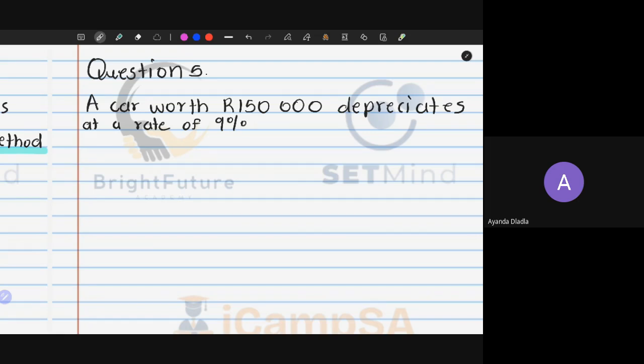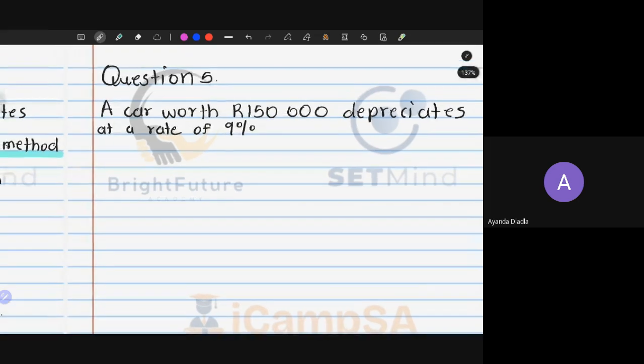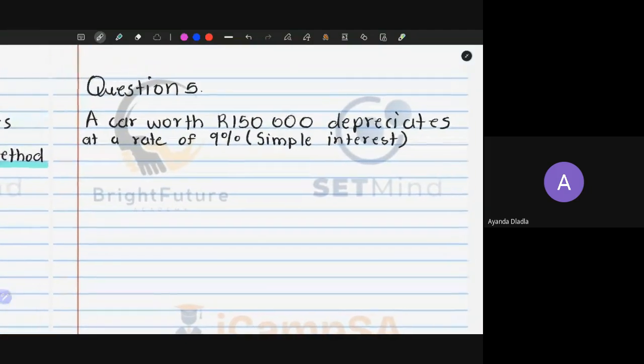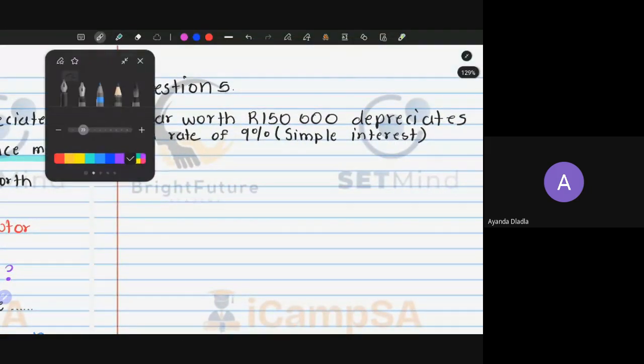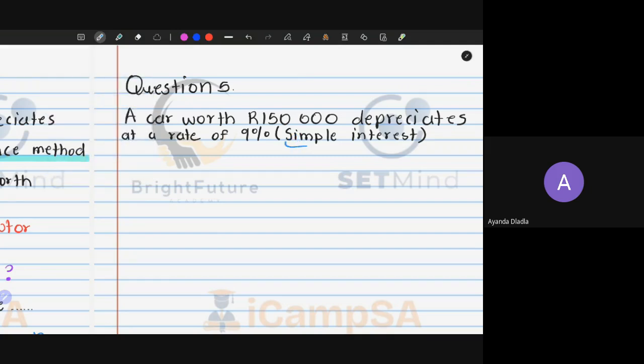And then now they use a very interesting term. They put in bracket simple interest. So meaning it is depreciating. Remember, when we say simple, all what we are talking about is linear. And remember, when something is linear, it is a straight line.